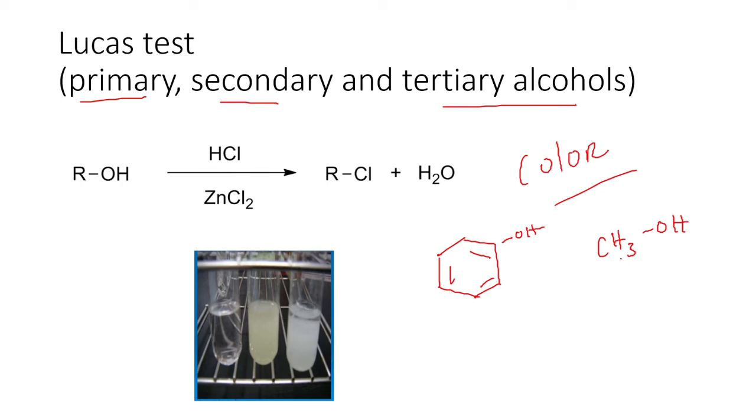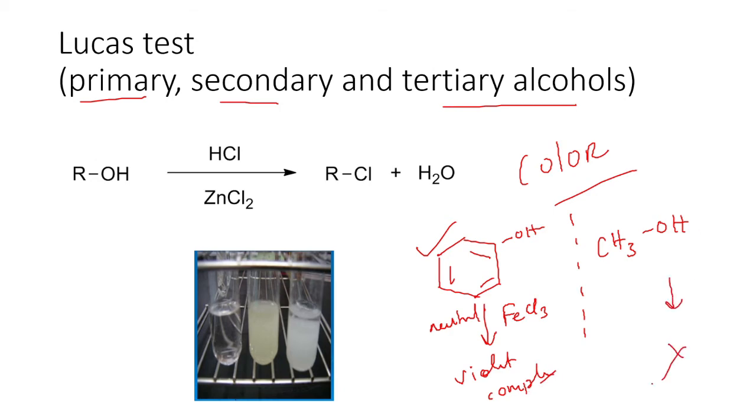What will you do? Again, it's simple. You can simply do the FeCl3 test, right? As I told you, the FeCl3 neutral solution test. Anything alcohol versus anything, you can do the FeCl3 test, and here you will get a violet complex. Here you get nothing like that, right?